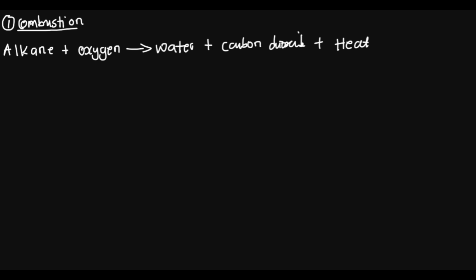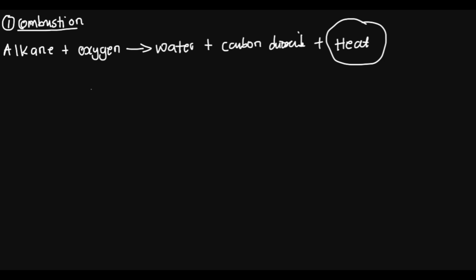So if heat is produced, therefore this kind of reaction is known as exothermic, where heat is given to the environment. Now if you are given a question where you need to write a combustion reaction, you ignore the heat part.